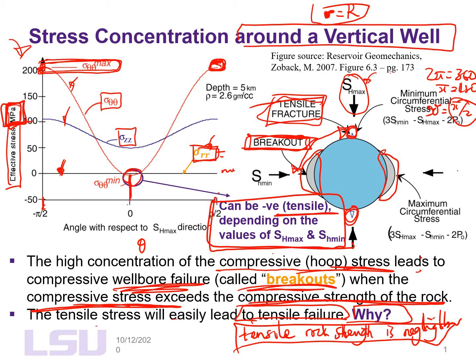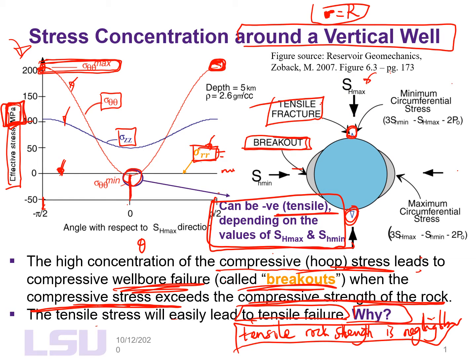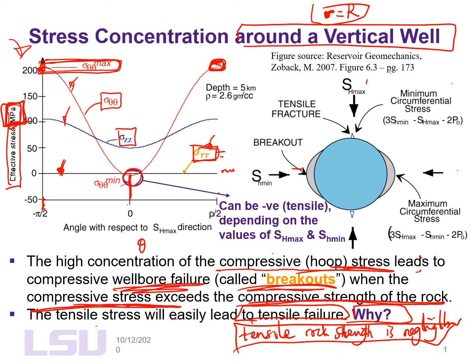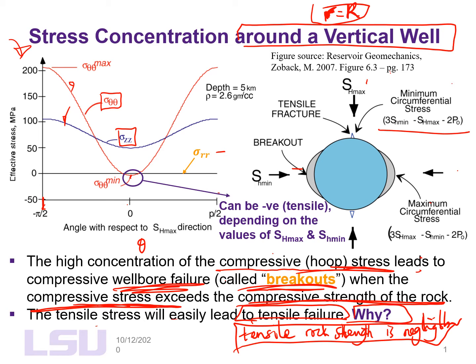And by the way, if you plug the values of theta into the Kirsch equations, with r being equal to the wellbore radius, the equations simplify to the expressions I give here at the different values of theta.